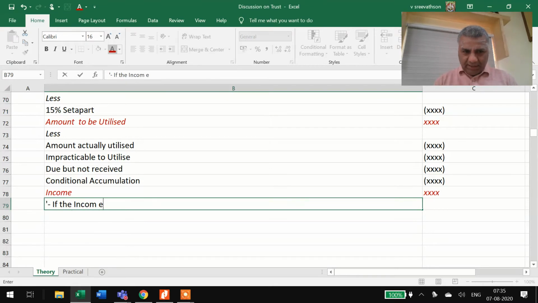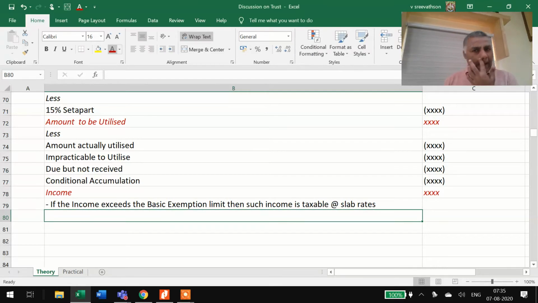If the income exceeds the basic exemption limit, then such income is taxable at slab rates. I have already told you, there is one very famous book which writes that trust is taxable at individual rates. Normal. Okay, trust is taxable at slab rates.